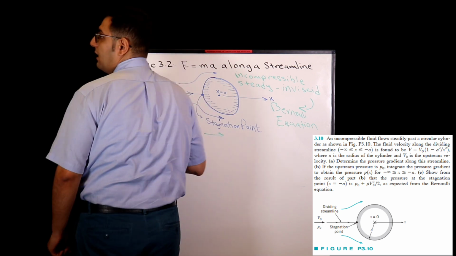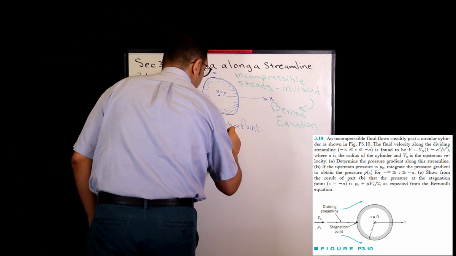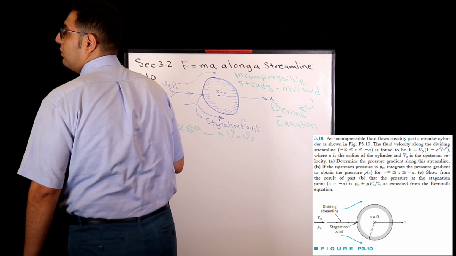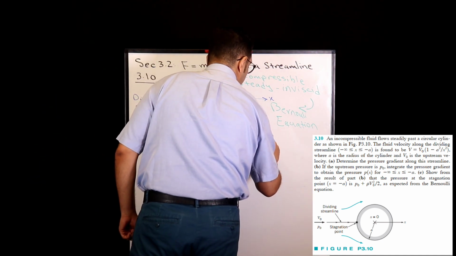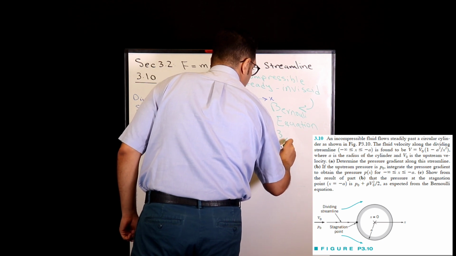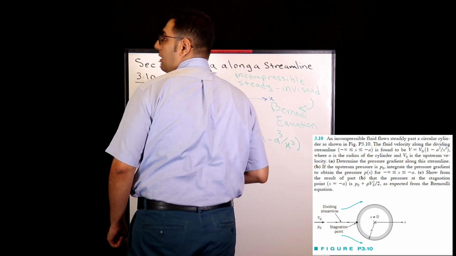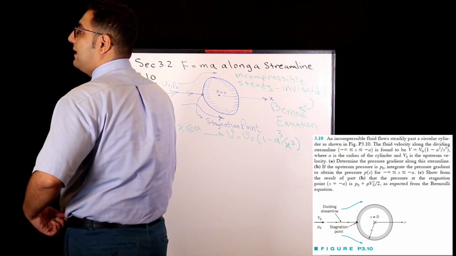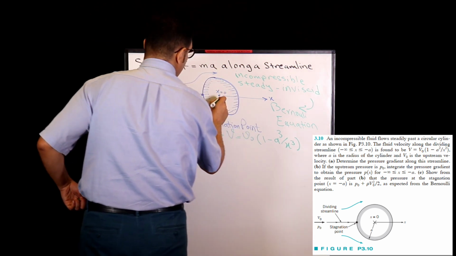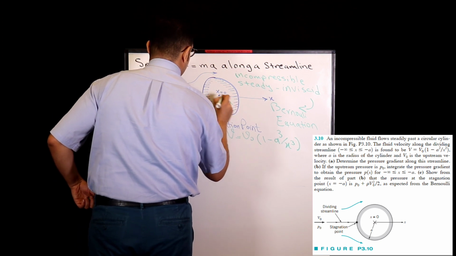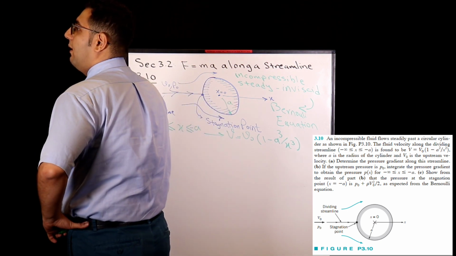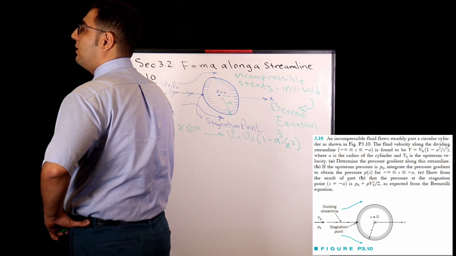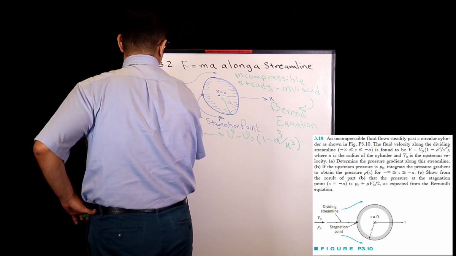The velocity is a function of x: V equals V0 multiplied by 1 minus a to the power 3 divided by x to the power 3, where a is the radius of the cylinder and V0 is the upstream velocity.